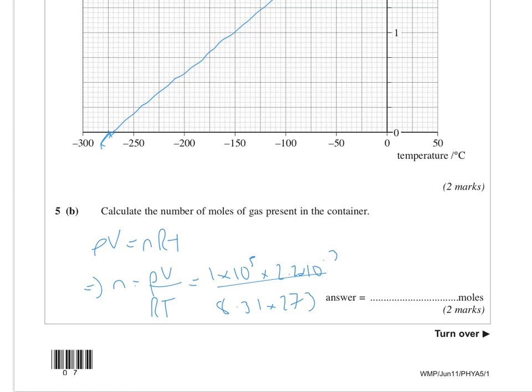So 1 times 10 to the 5 times 2.2 times 10 to the minus 3, divided by 8.31, divided by 273, gives 0.09697, so that's going to be 9.7 times 10 to the minus 2 moles there.